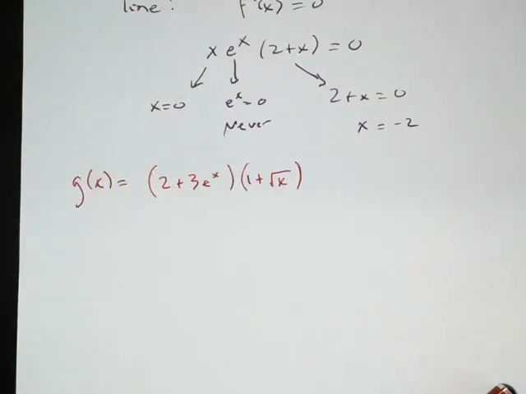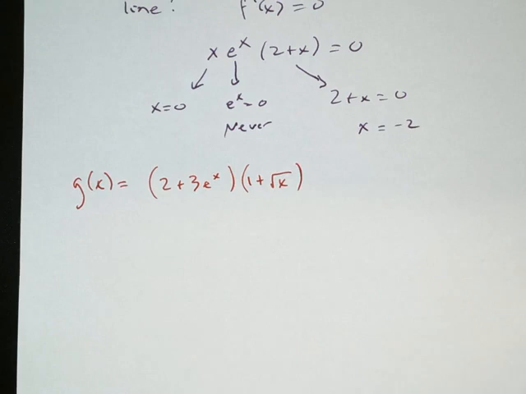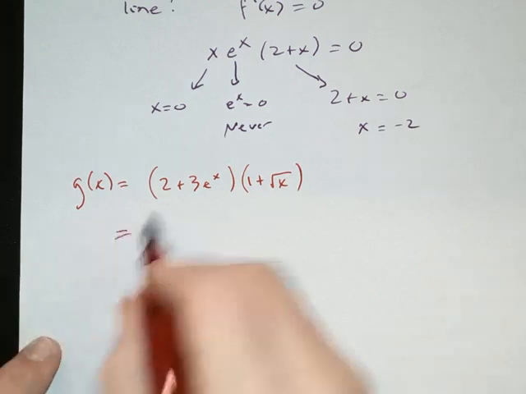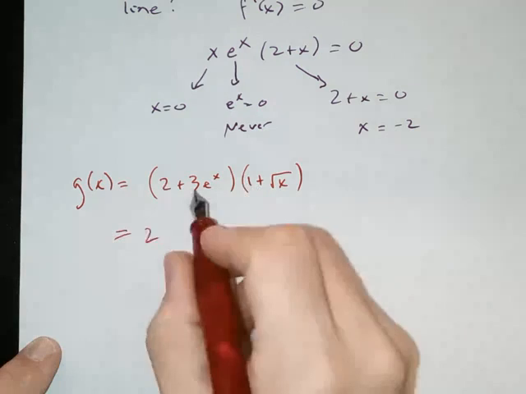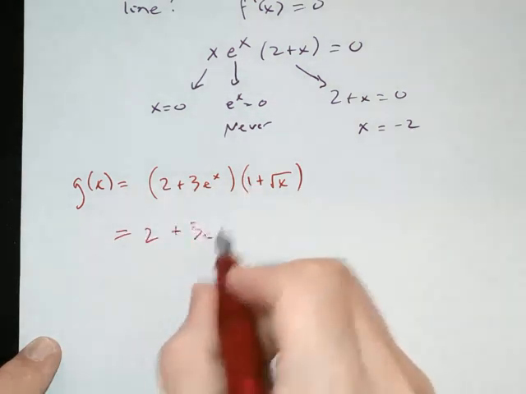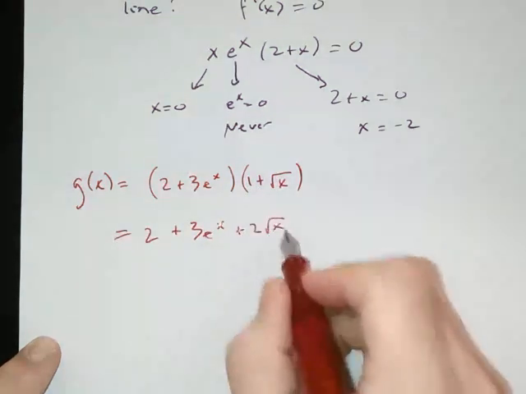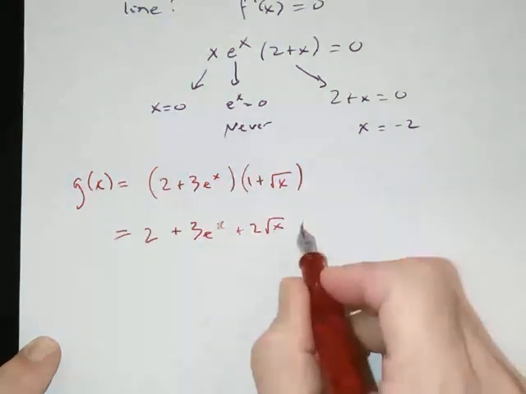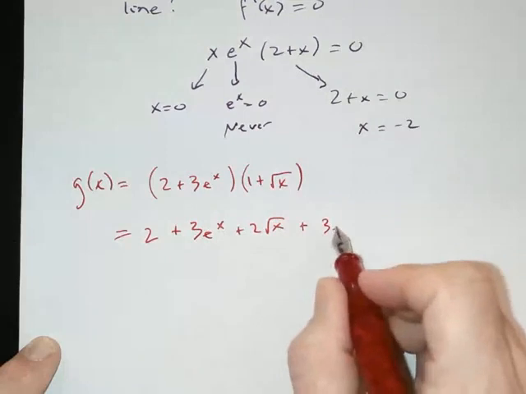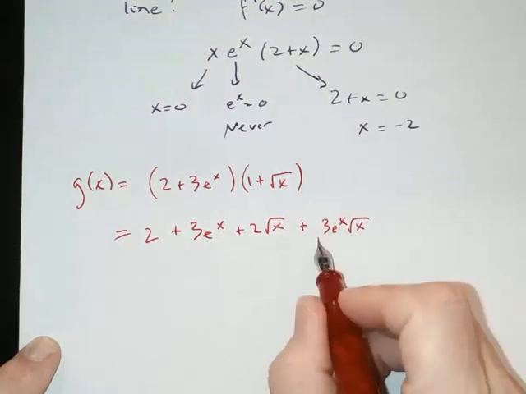Because right now that's first thing in parentheses, second thing in parentheses. My brain says, you should do the product rule here. But maybe if I multiply it out, I don't have to do the product rule. So I say to myself, well, let's multiply out. 2 times 1, 3 e to the x times 1, 2 times the square root of x, 3 e to the x times the square root of x.